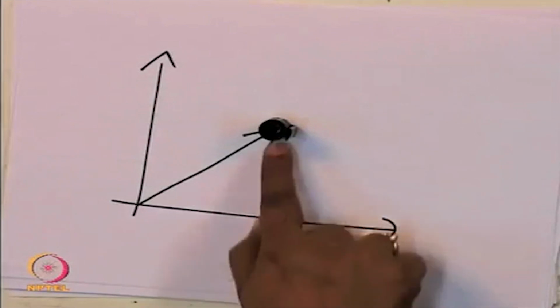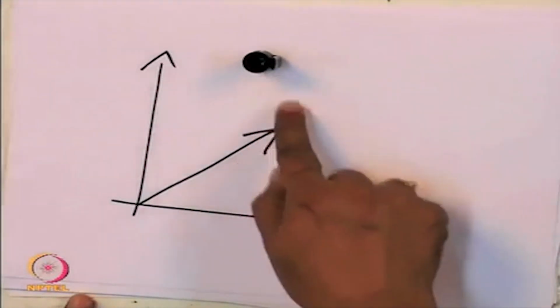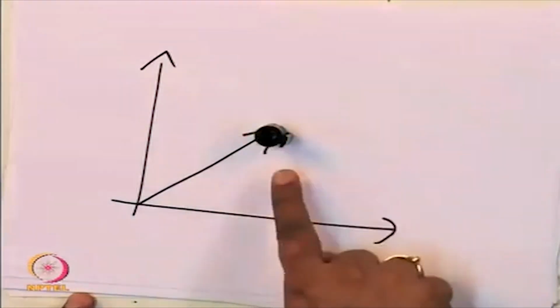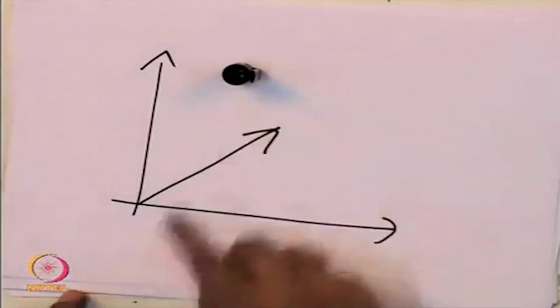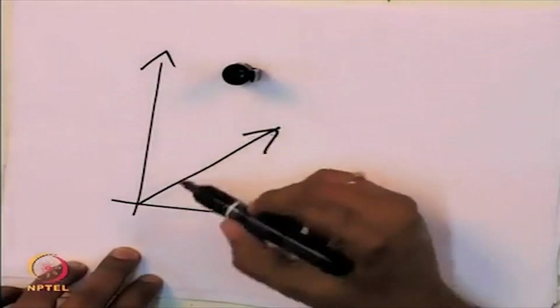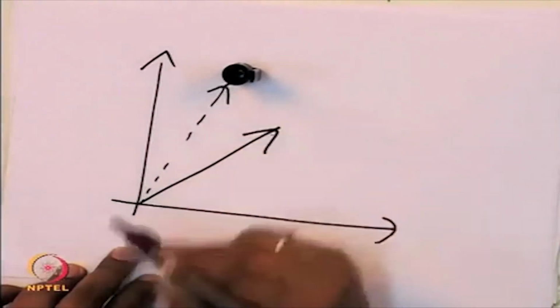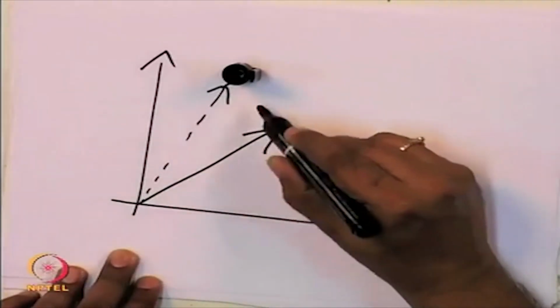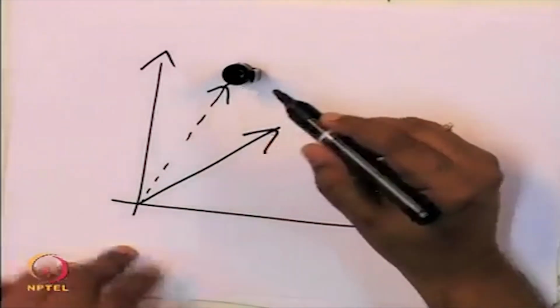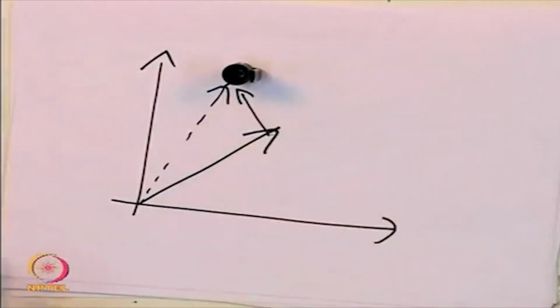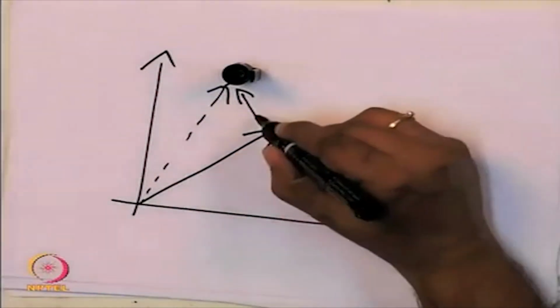Now, I can apply a force to change this position. I change the position from here to here, so I introduced a displacement. The new position is this. Essentially, this top moved by a certain distance, so this is a displacement.